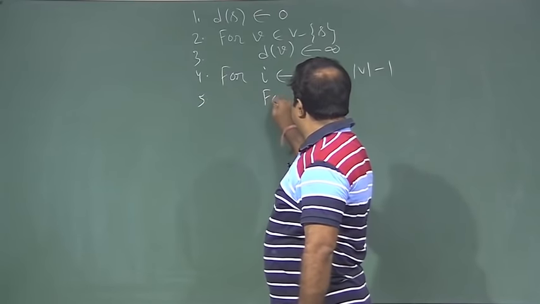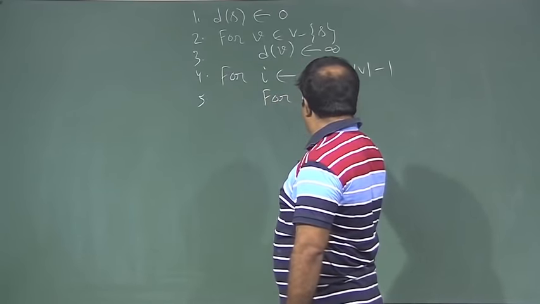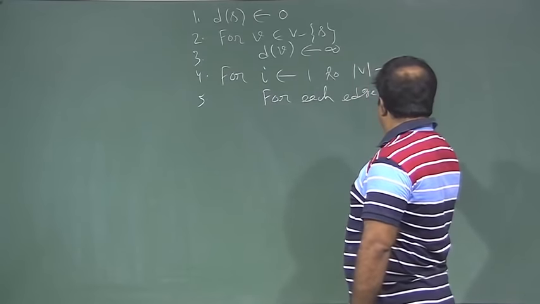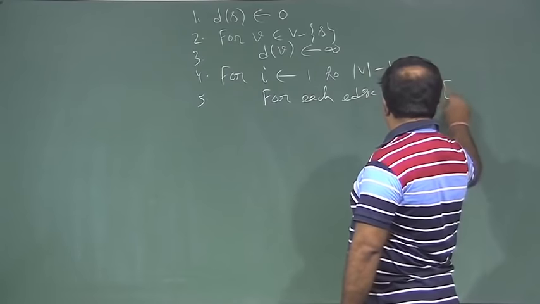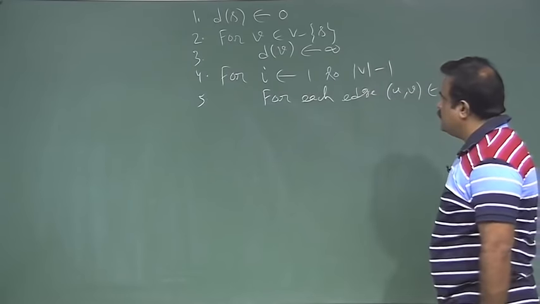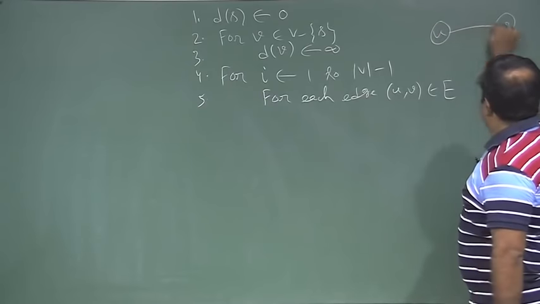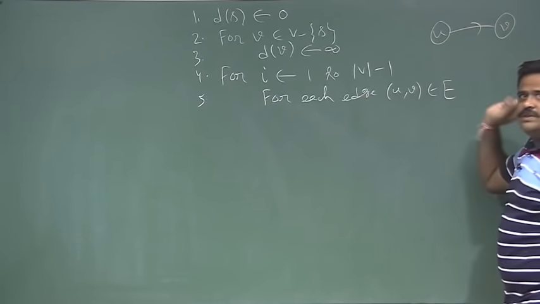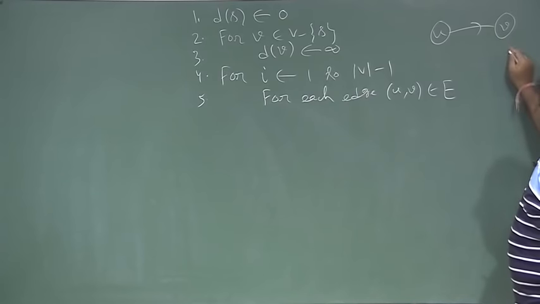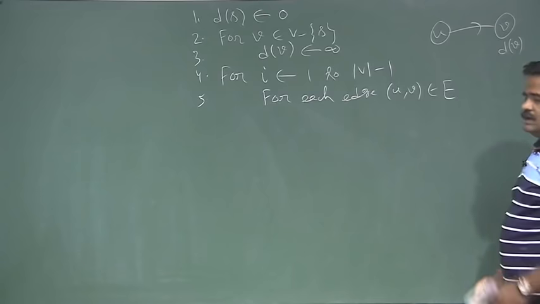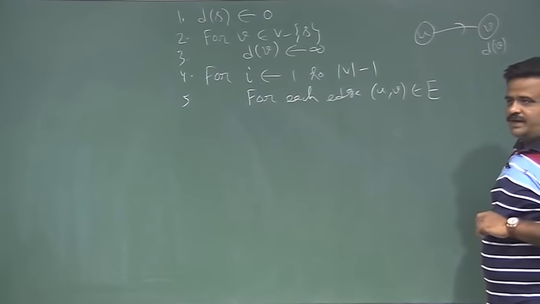And for each edge UV belongs to E under this loop, what are we doing? We take an edge UV, a directed edge from U to V, and we check whether we can relax this vertex or not. So V has d of V, which is the distance estimate from S to that vertex.